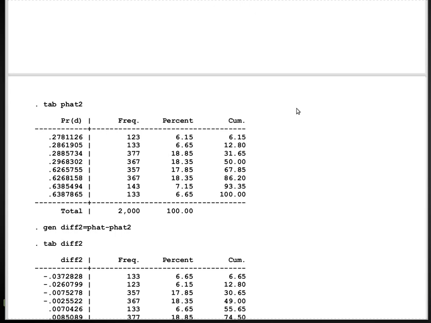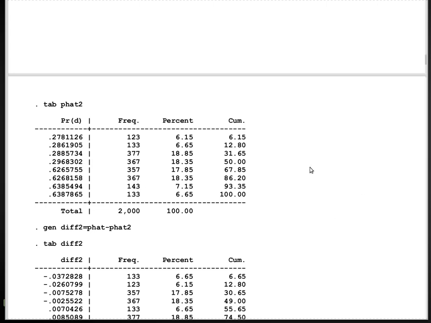So if we compare the fitted values that we got from model 2 with the fitted values we got with model 1, if you give them some consideration, you can see that in fact they're pretty close. The fitted values we got from model 1 are very close to the fitted values we get from model 2.